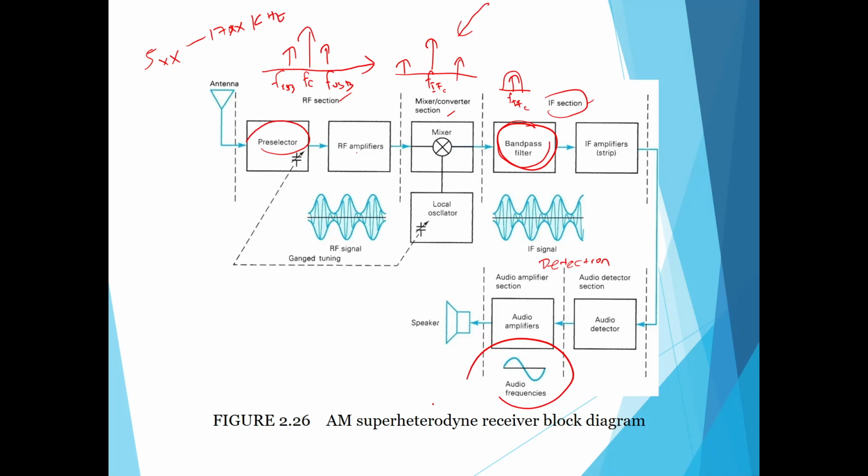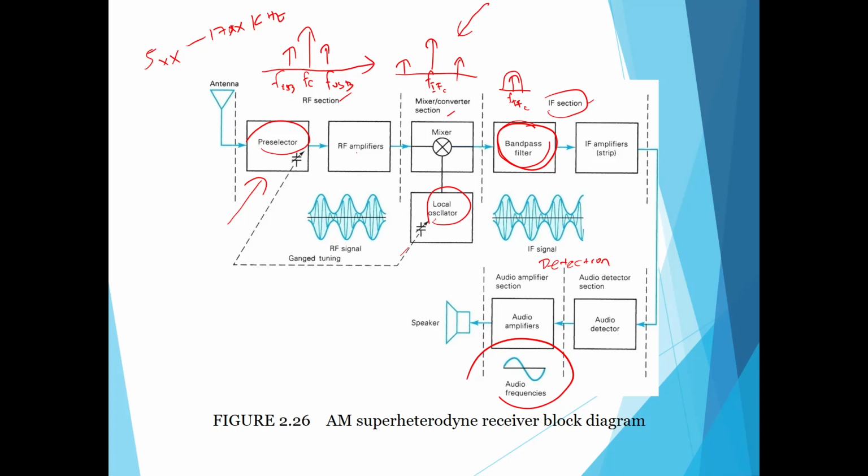So let's begin with the first one, the RF section, which consists of the tune circuit or the preselector. This preselector or tune circuit is gang tuned, which means it is tuned to the same frequency as the local oscillator. So when you tune to a different frequency, the local oscillator frequency also will change.